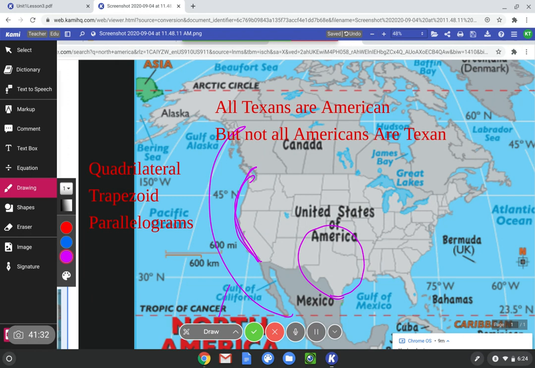So say it again. All Texans are American, but not all Americans are Texan. So let's put that in geometric terms. All parallelograms are trapezoids, but not all trapezoids are parallelograms.